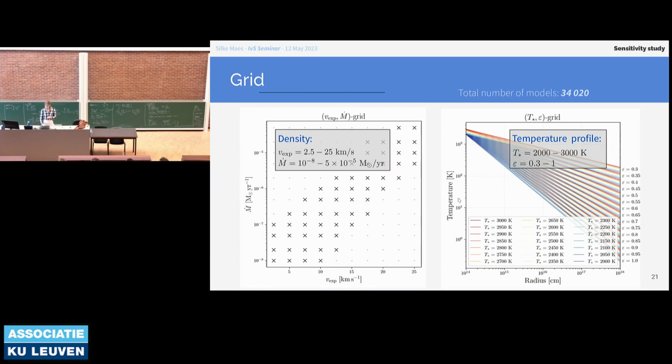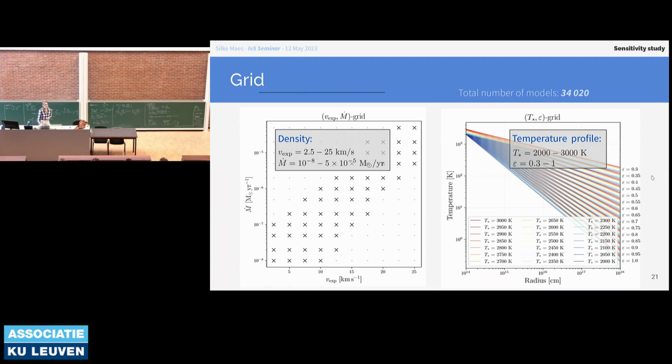And then for the temperature profile, you see that it's mainly the exponent that sets how steep the profile is. We can more or less distinguish between the hotter profiles, where the wind stays hotter throughout the outflow, and those where the wind cools down.